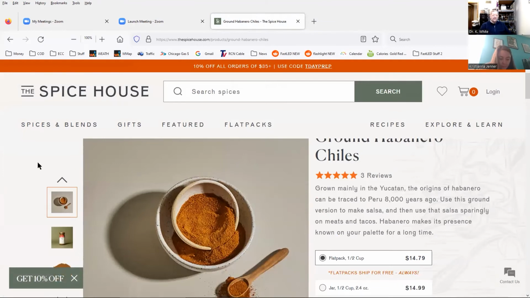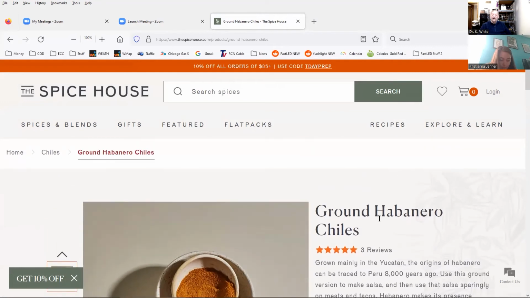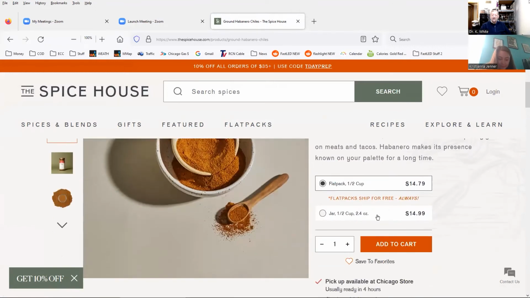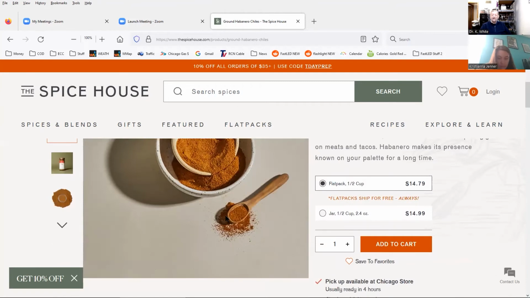Now I'm too lazy with the pandemic, and it's almost a 2 hour round trip, so I just order online. At that time, they didn't have online, so you had to go there. They came out with a new product years ago, ground habanero chilies. So I bought a small jar. Wow, the prices have gone up, but it's worth it. And I came home and you see this nice brown powder. Well, I wonder how hot it is.